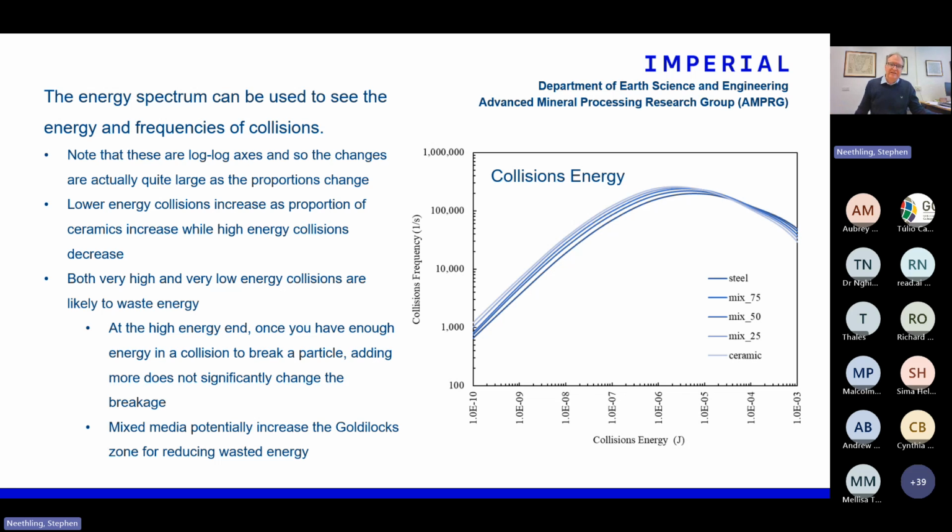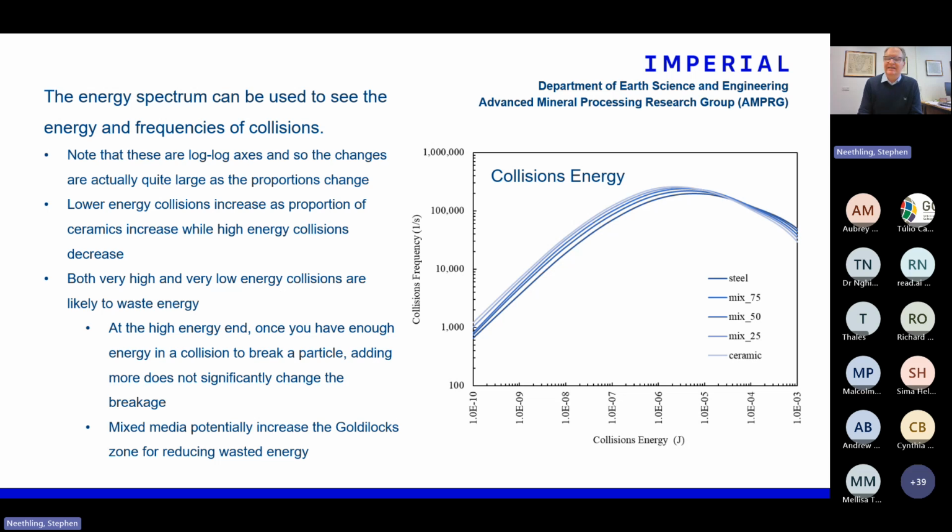And I suppose the main trend we noticed is that as you increase the proportion of ceramic balls, the amount of energy being dissipated in very high energy collisions drops, and the amount being dissipated in lower energy collisions goes up. That's as you would expect. Our surmising here is that we're hitting some sort of Goldilocks region where you're not wasting as much energy at the two ends.